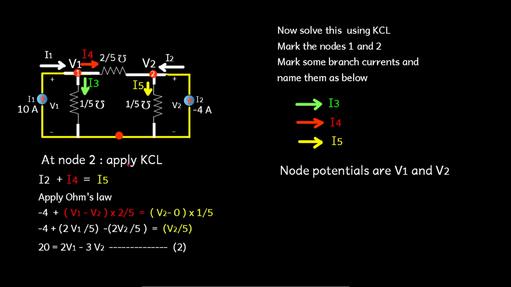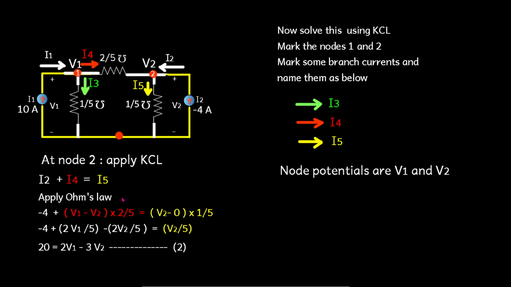In a similar way, we proceed at node 2 by applying KCL. Here two currents are entering this node: the I2 current is entering, and similarly the I4 current is also entering. I5 is the leaving current. So we can write the KCL as I2 plus I4, the sum of the incoming currents, equal to the leaving current I5.